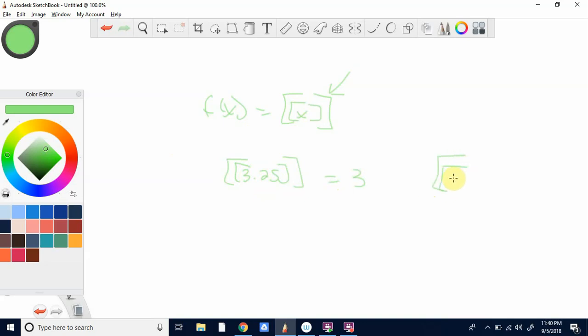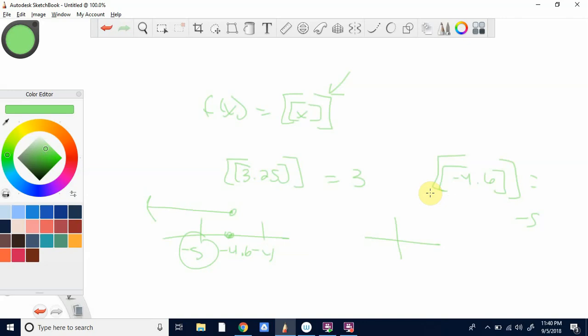What about negative 4.6? This is one that students always mess up. This is going to be negative 5, because think about a number line. You have negative 5, negative 4, and right here is negative 4.6. So I want an integer that's less than or equal to. From here to here, what's the first integer? It's not negative 4, it's negative 5. That's less than or equal to negative 4.6.